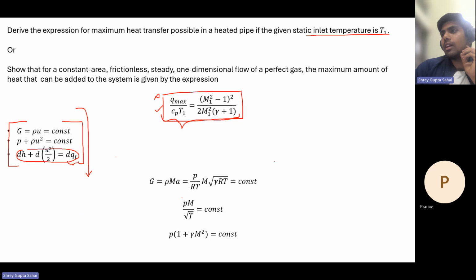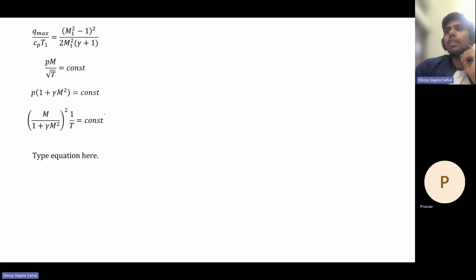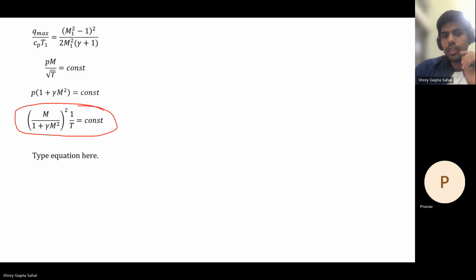So just going by that, expressing them in terms of Mach number and temperature, we derive these two expressions. Now a simple substitution and we get this expression. Now I'm just going to write what is the T star, because we know T star corresponds to maximum heat transfer. No matter if the flow is initially subsonic or supersonic, the maximum heat transfer possible will stop when sonic conditions are reached. So with that, let's start writing the expression.